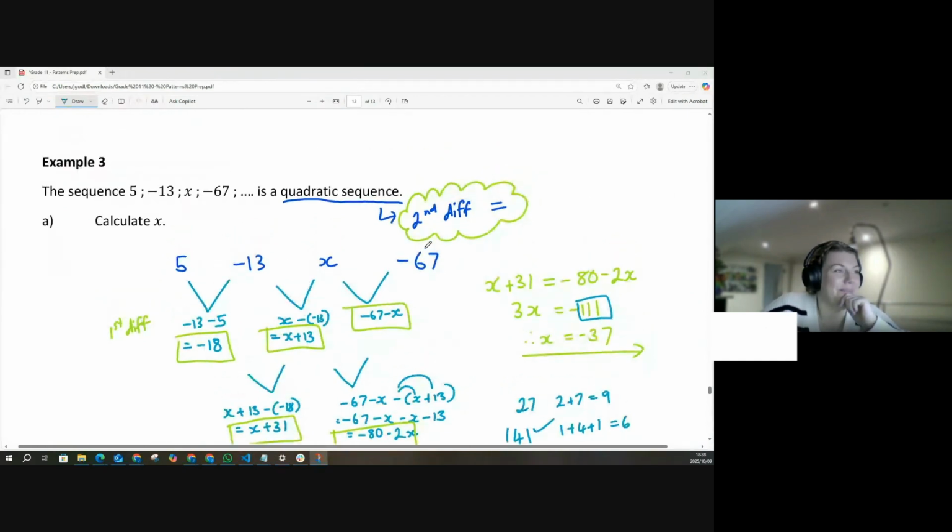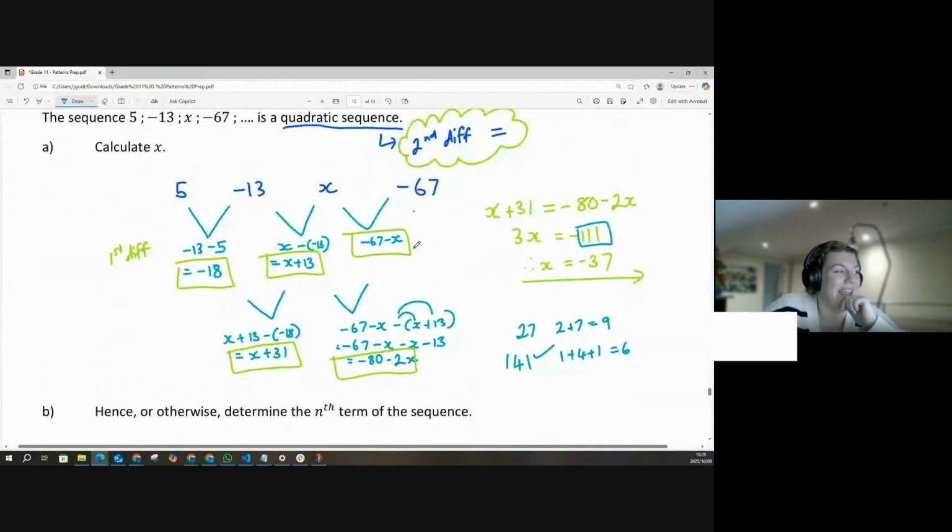Okay, next question. Hence or otherwise determine the nth term of the sequence. I suspect the link gets put on Google Classroom, Leander. I think that's what happens. Hence or otherwise determine the nth term of the sequence.